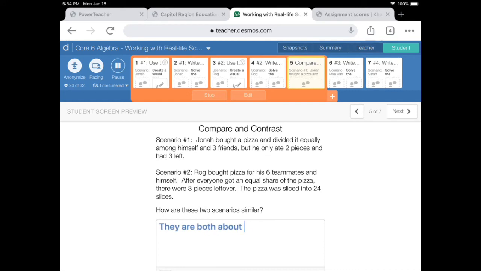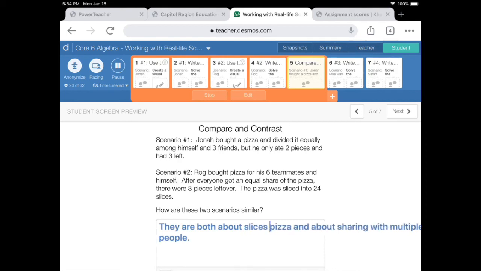They're both about sharing with multiple people, and they both talk about slices specifically. So we can say they're about slices of pizza. There are definitely some similarities. It talks about sharing things up equally. So I think they're both very similar in that way.